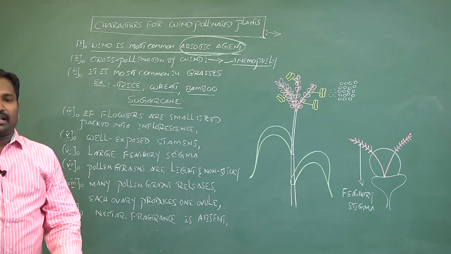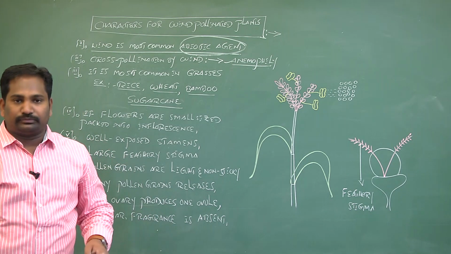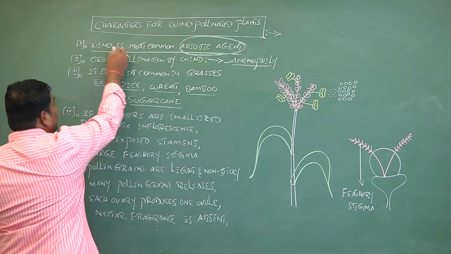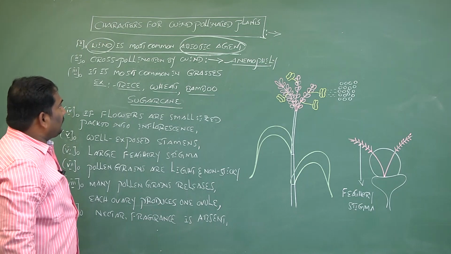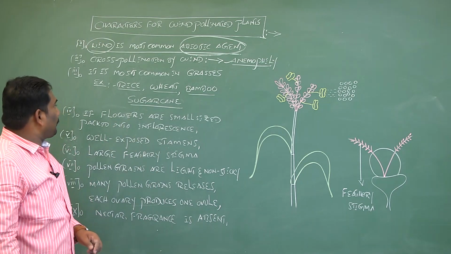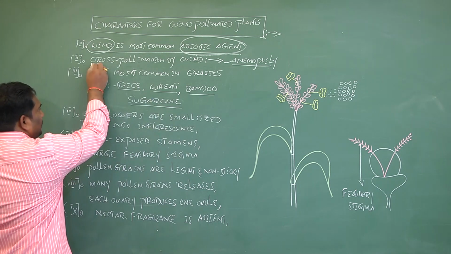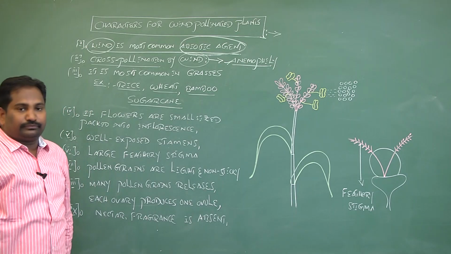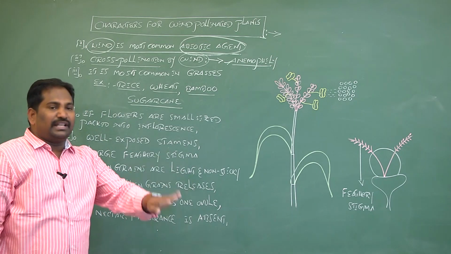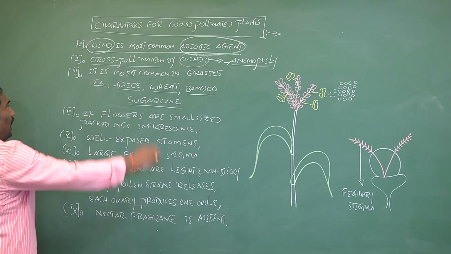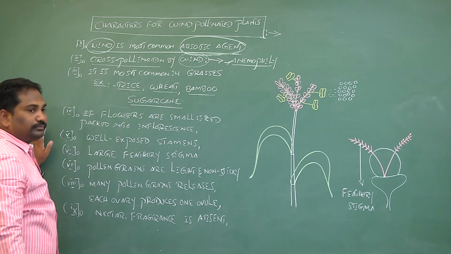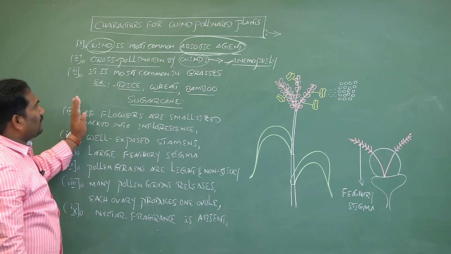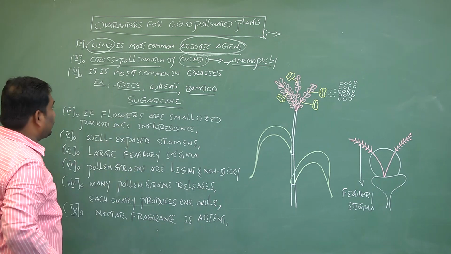Generally, there are two abiotic agents, wind and water. Out of these two, the most common abiotic agent is wind. This is the first characteristic feature of wind-pollinated plants. The second one is cross-pollination by wind is called anemophily.